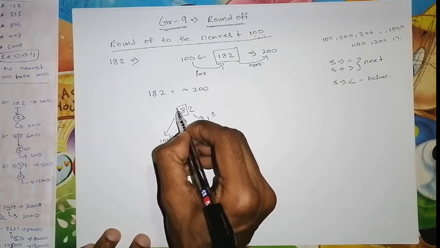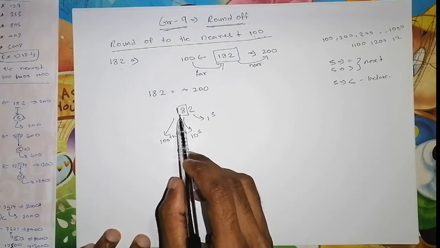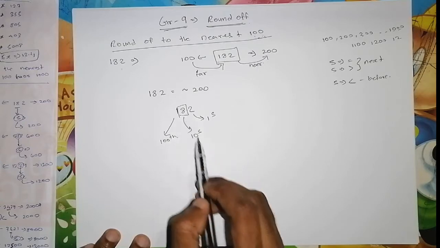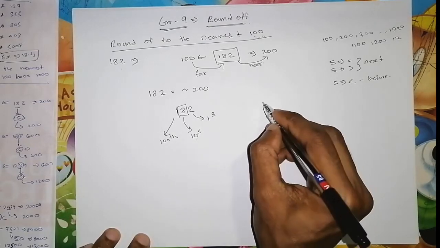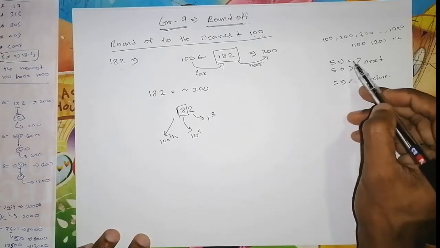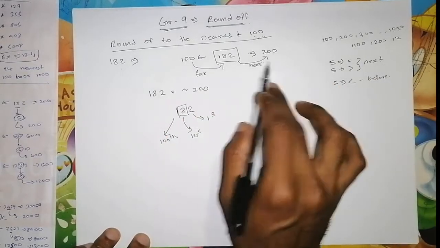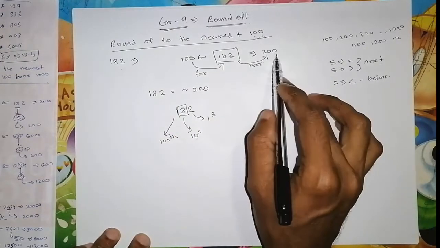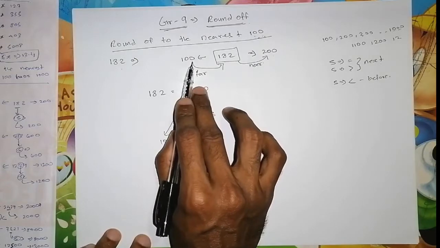You should always check the value of the given number in the 10th position. Whether it is greater than or equal to 5, you should take the next number. If less than 5, we take the before number.